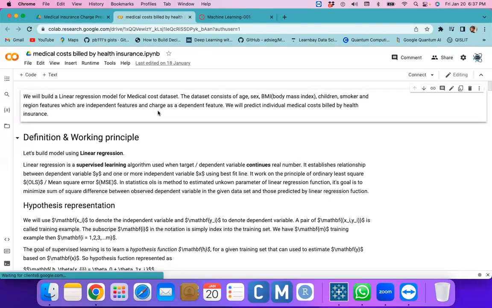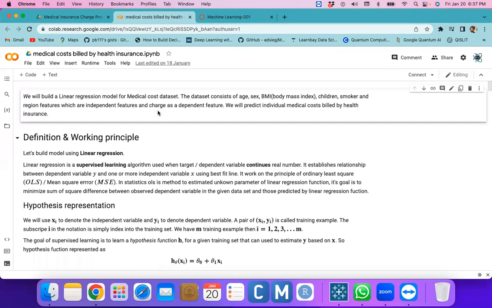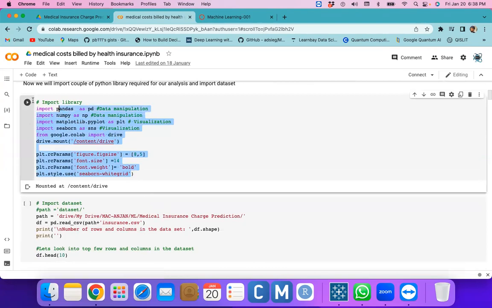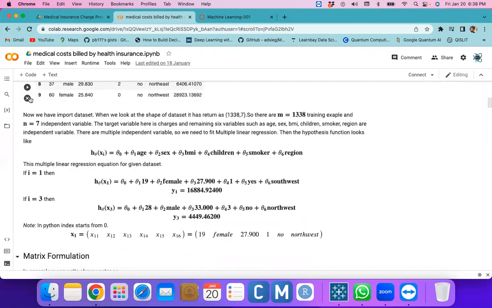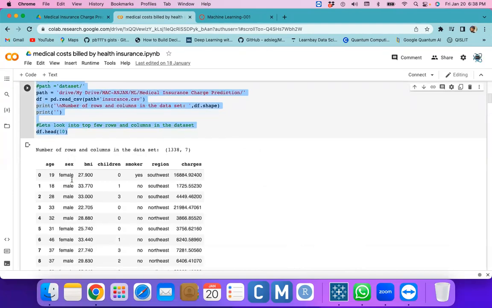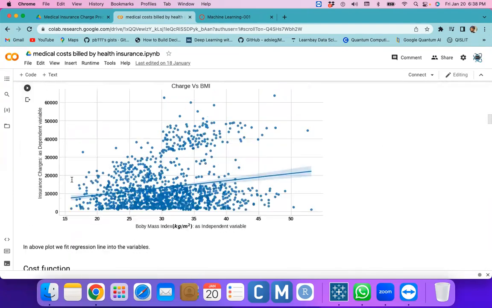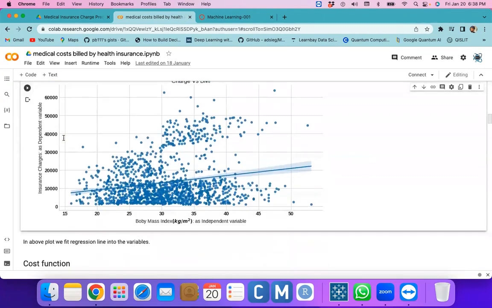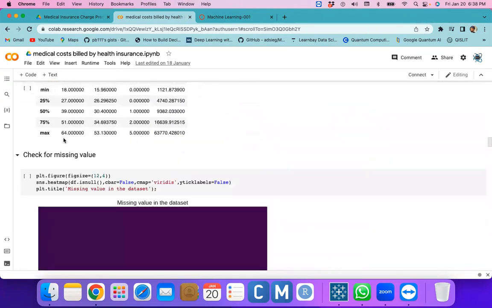I'm opening my project. I think this is what I already explained in our previous session. This is the data, where we display the first 10 records, and I showed you the relationship between the dependent variable and independent variables.